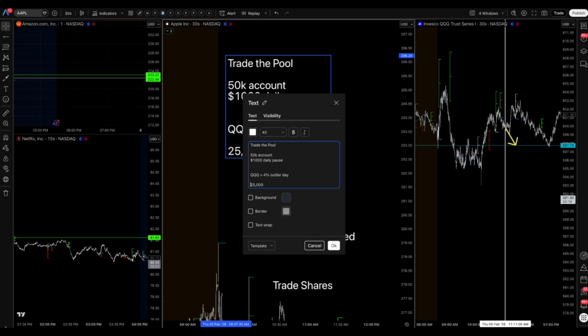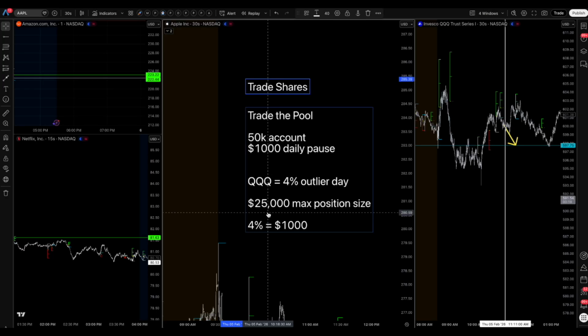We'll use a $25,000 max position size, because 4% of 25,000 is $1,000. As long as we keep our position size under $25,000, we can sustain a 4% move against us before we hit our daily loss limit.